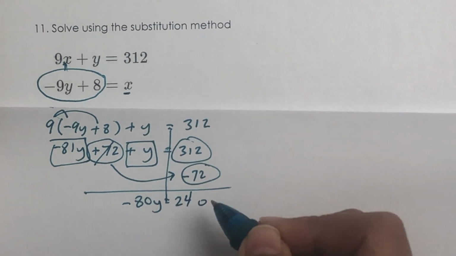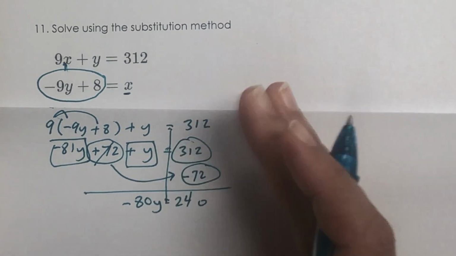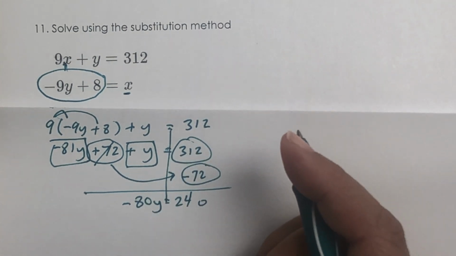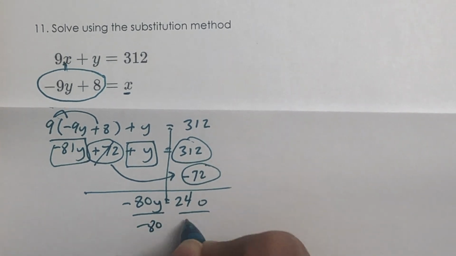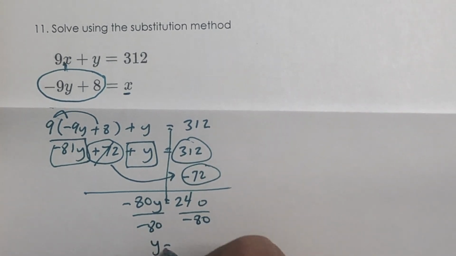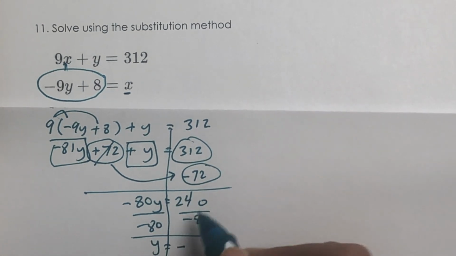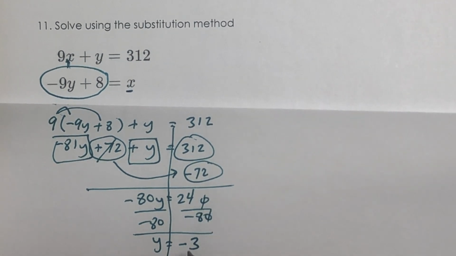And you're using a calculator, can I just say? They give you a calculator, you're using a calculator. All right, then divide both sides by negative 80. So you're going to get y equals positive divided by negative, and then you're going to get 240 divided by 80. Again, use a calculator. So y is equal to negative 3.